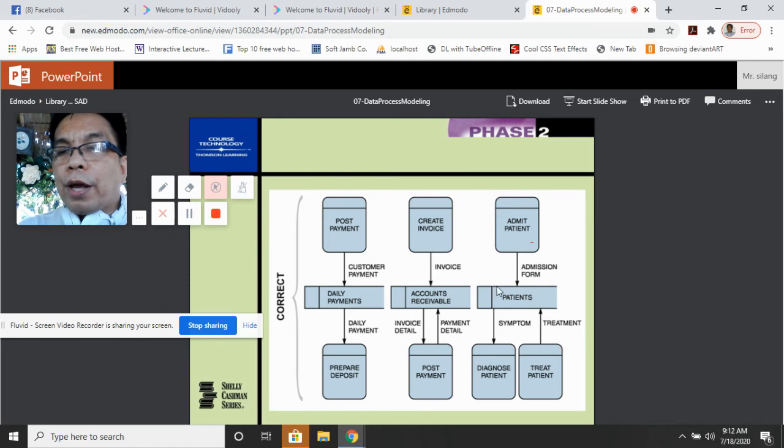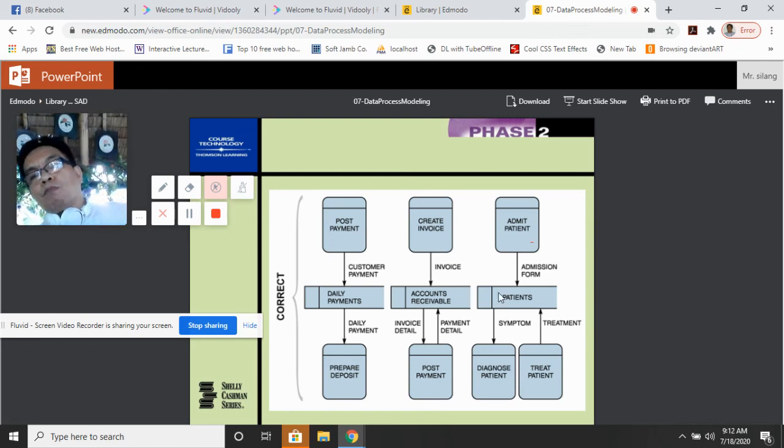We have to record what treatments are given to the patient. So we store everything about the patient, the admission form and the treatment given. So that's how we read data flow diagrams.